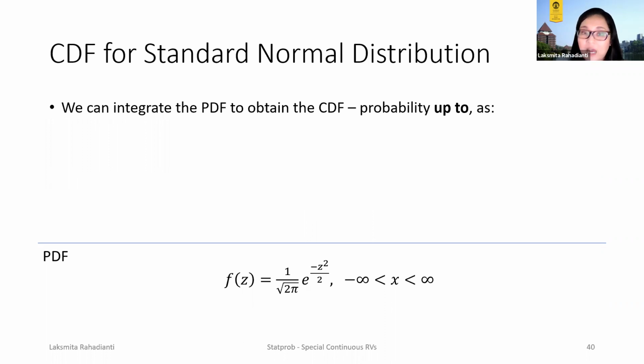Remember, the PDF is the function that can be integrated to compute the probability between two limits. If I integrate it, then I can obtain my CDF. Be careful. This is also a callback to your midterm. You can integrate the PDF to become the CDF, but you differentiate the CDF to make it into a PDF. Don't mix the two up together.